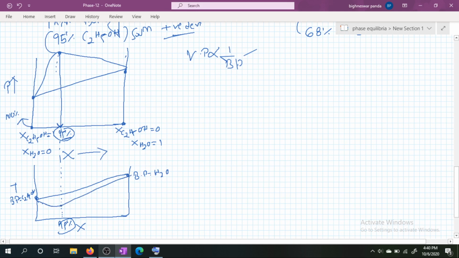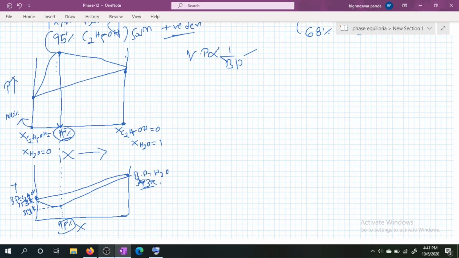That means the mixture will boil below this temperature, consider this 353 K, this 351 K, and this 373 K. Since the vapor pressure at 95% composition is very high, the boiling point of the mixture is very low as compared to the individual components.